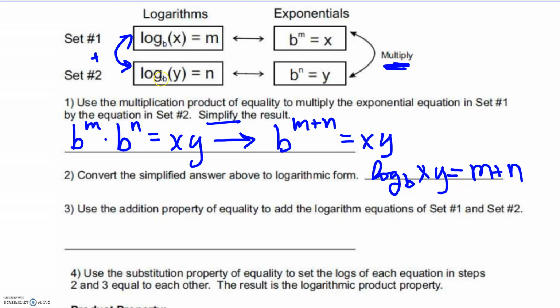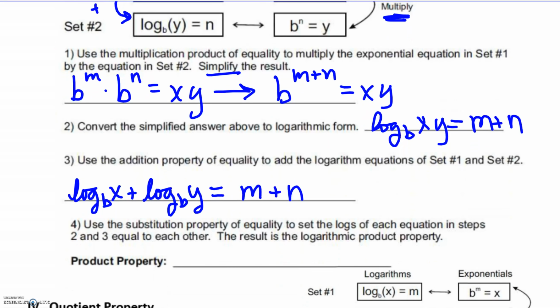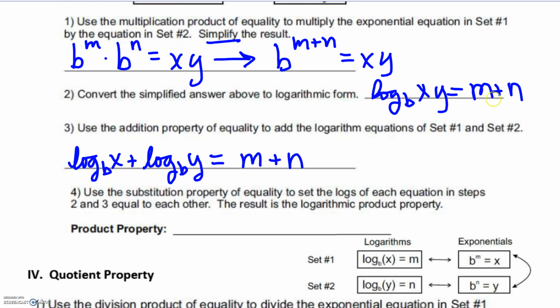So if I add the two expressions on the left, log base b of x plus log base b of y, that should be equal to the sum of the two expressions on the right, m plus n. Notice again, just like on the first two, now we can use substitution because both of these are equal to m plus n, so they must be equal to one another.